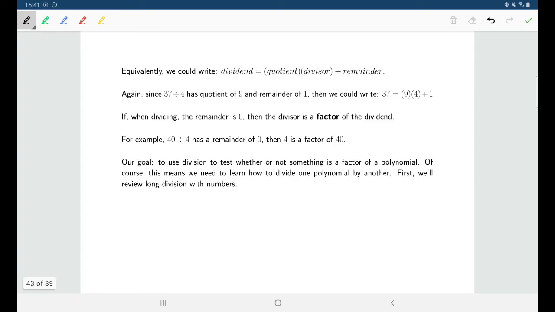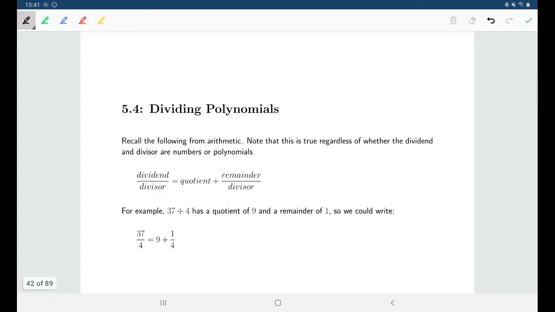So the consequence to that, of course, is if you're looking back here, we had the statement of dividend divided by divisor is equal to quotient plus remainder over divisor. And if I were to take this equation and multiply everybody on the left side and on the right side by whatever the divisor is, then on the left side, the divisors in the numerator and denominator would cancel.